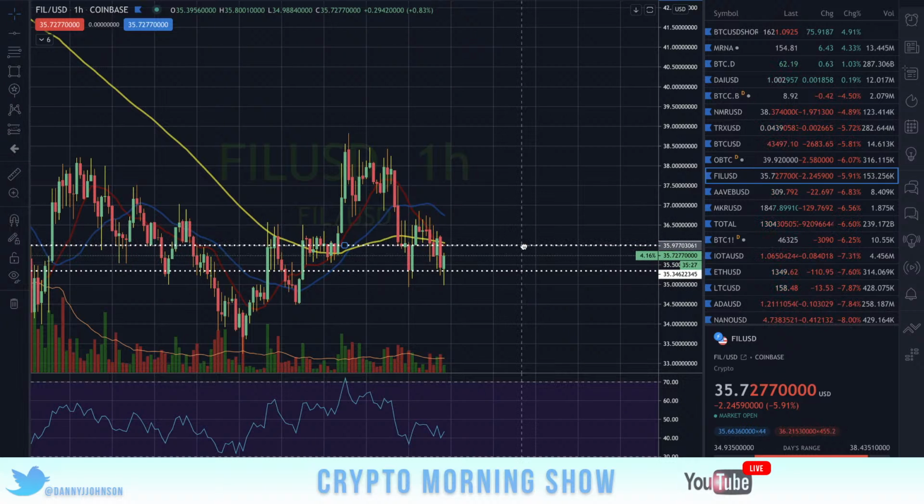So we're going to have to get through the 35.97, so roughly $36 USD, and keep an eye on that 100-day moving average as well. It's going to create some resistance for us as we try to climb back through all these converging moving averages.